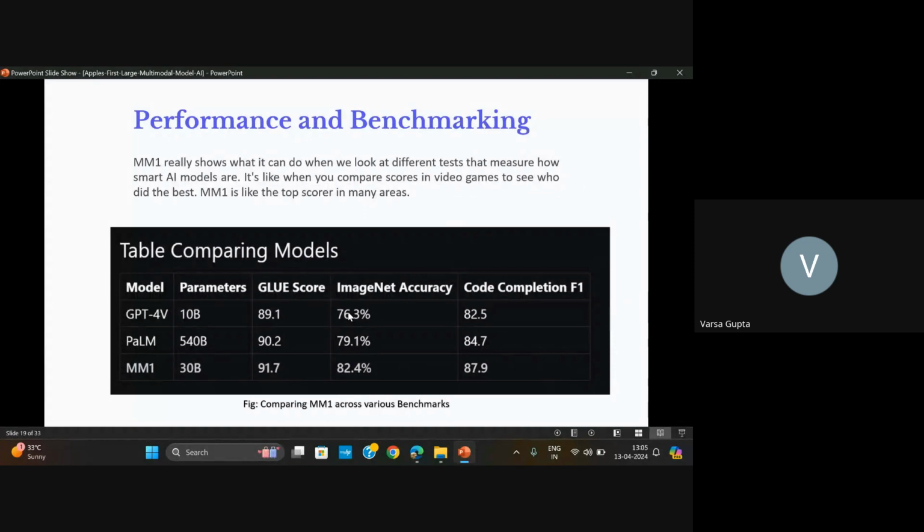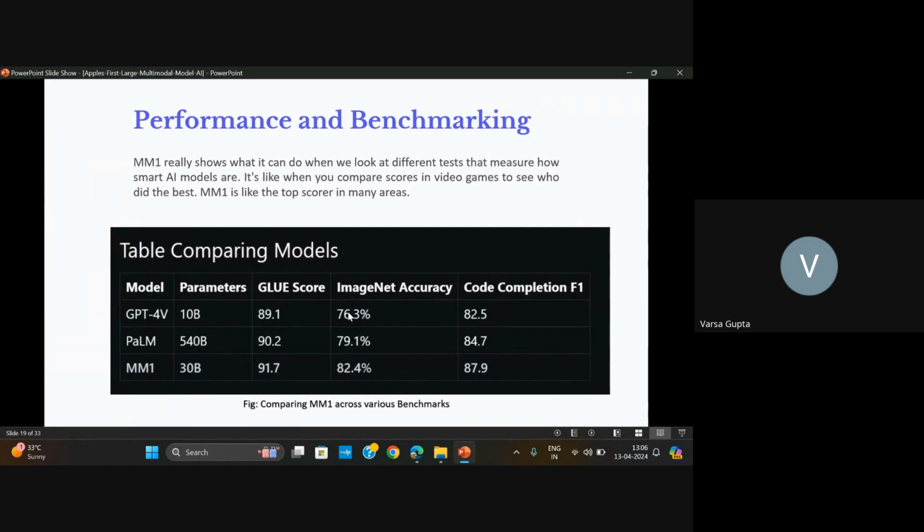In that scenario, MM1 has a score of 91.7%, which is higher than the GPT-4 and Palm models. Even though the Palm model is trained with 514 billion parameters, MM1 leads in this GLUE score in natural language understanding scenarios.